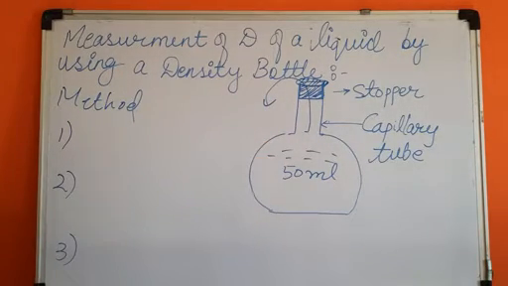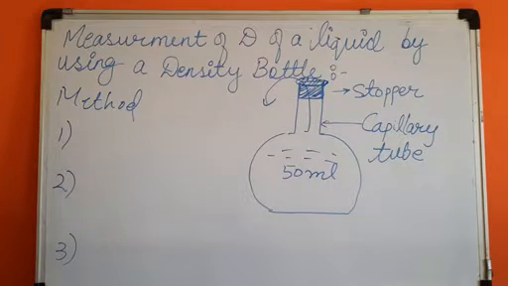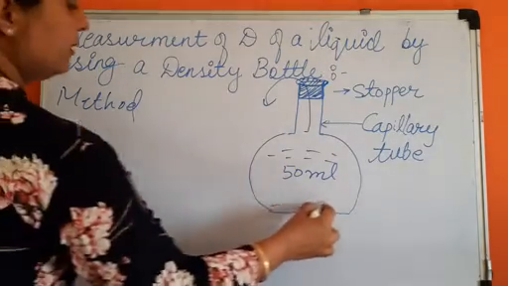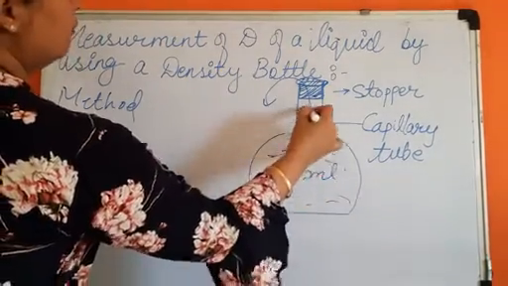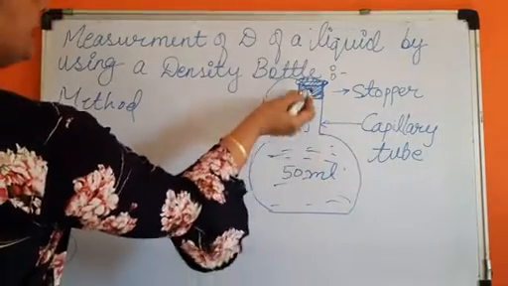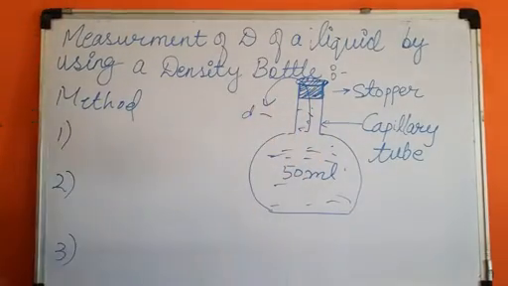When the bottle is completely filled with some liquid and then the stopper is inserted, the excess liquid rises up through the capillary tube and drains out. This is filled with the liquid. When we fix the stopper, the excess liquid will drain out.